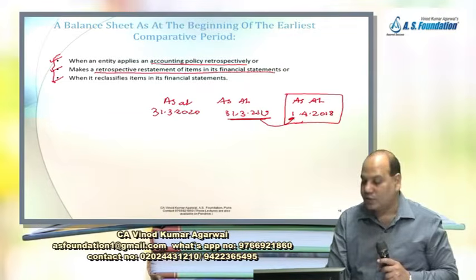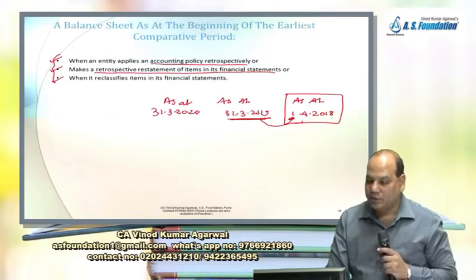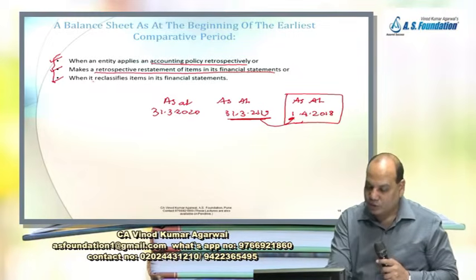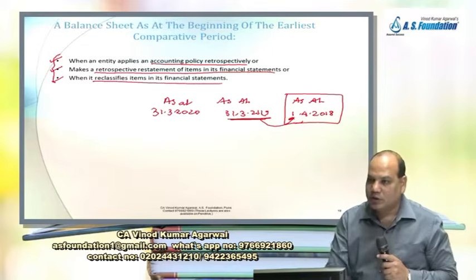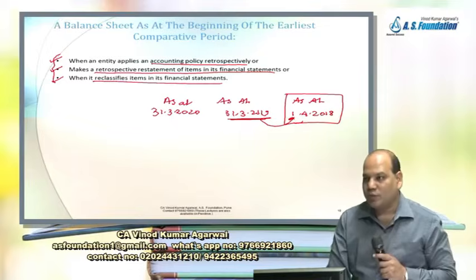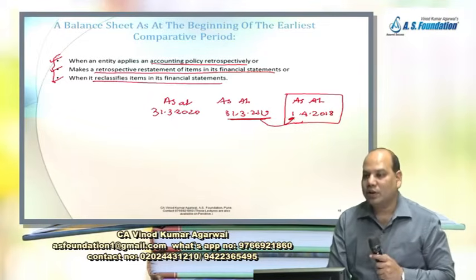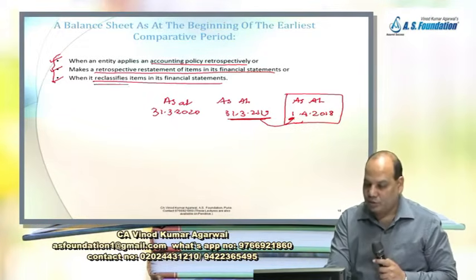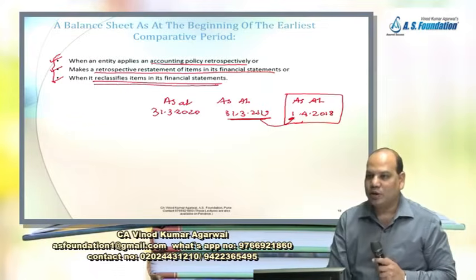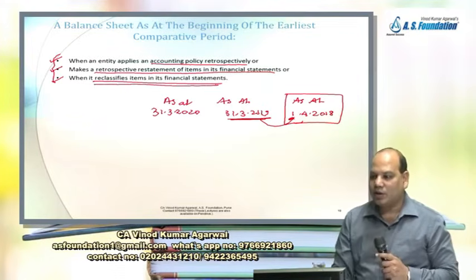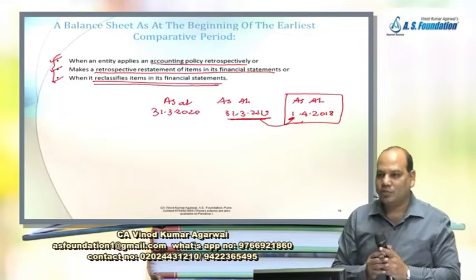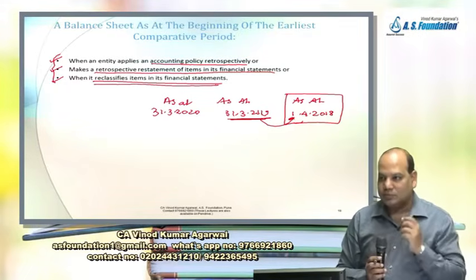Retrospective restatement, for example, any prior period errors which might have to be rectified. Prior period errors which might have to be rectified with retrospective effect, or when it reclassifies items in its financial statements. Reclassification from one classification to another classification. Like a fair value through P&L item can be reclassified as, let us say, amortized cost or an FVTOCI instrument.